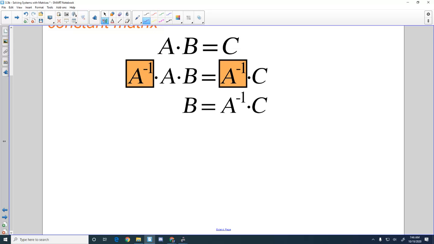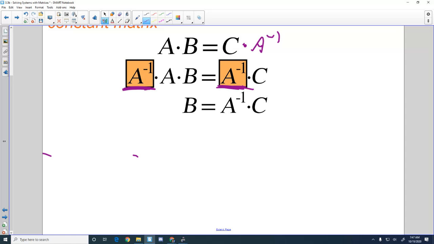And if I multiply A inverse on the left side on one side of my equation, you have to multiply on the left side on the other side of your equation. And that's the weird part, because usually whenever you have a constant over here, you just multiply it here on the right, just because there's room to write it. But we can't do that because A inverse is being multiplied on the left. It's got to go on the left on both sides of the equation. And that's the weird thing.